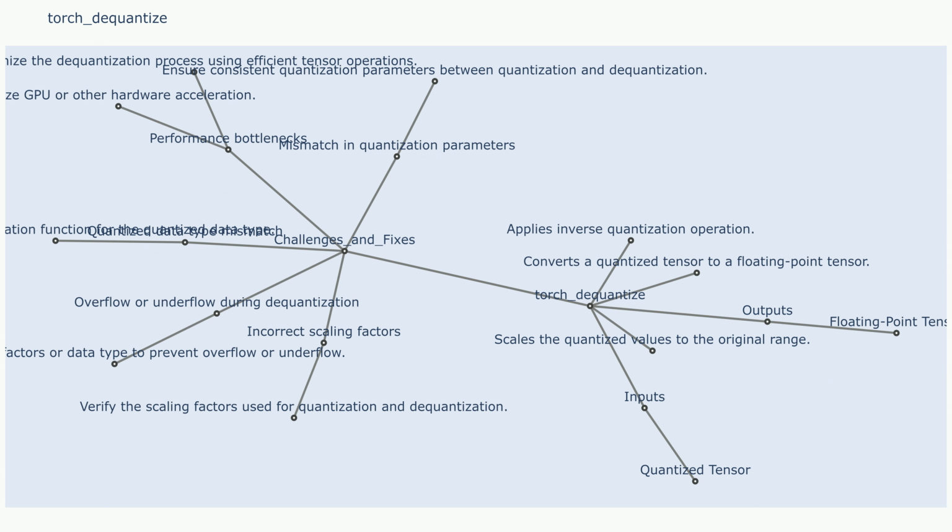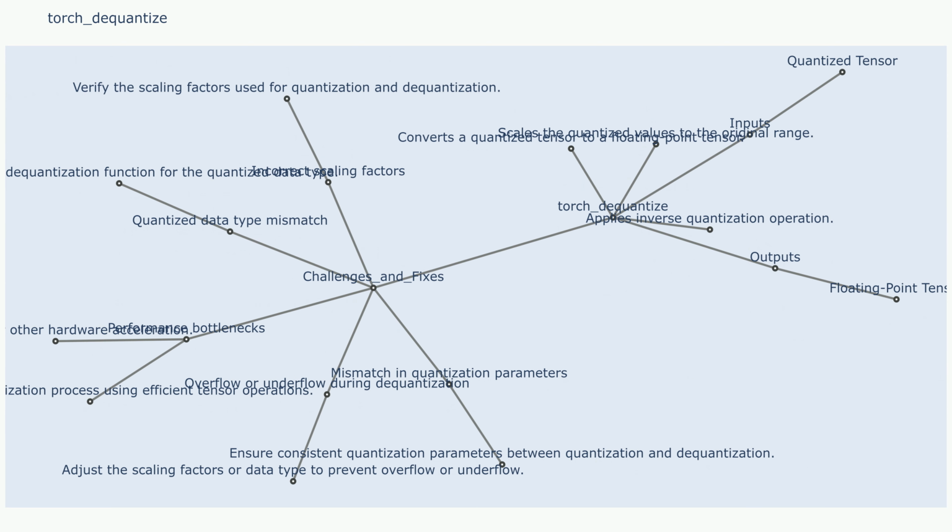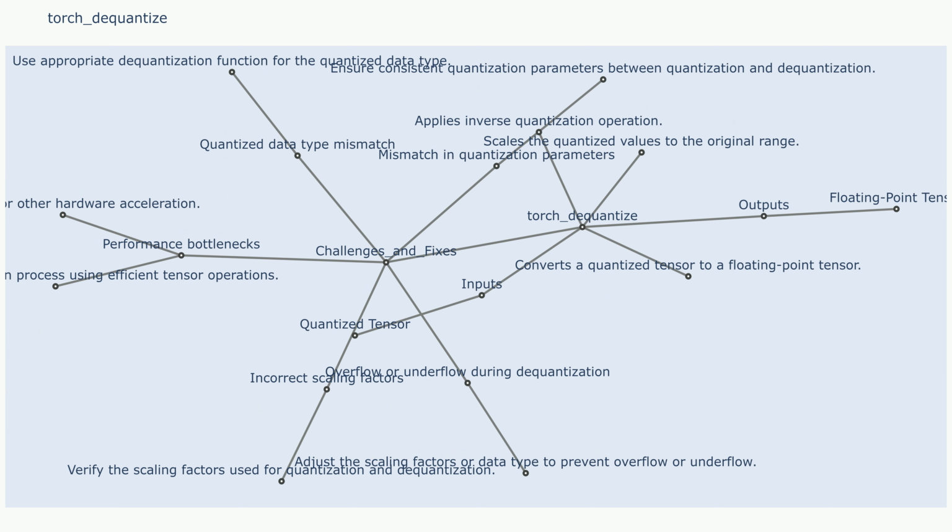Fixes to challenge 1: use higher precision quantization schemes, e.g., torch.qint32 instead of torch.qint8, to minimize precision loss during quantization. Avoid unnecessary dequantization and requantization steps to maintain precision.